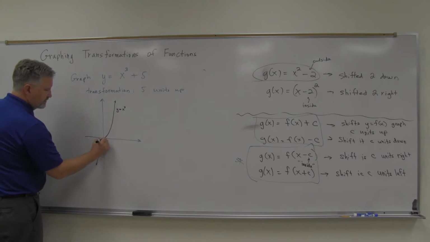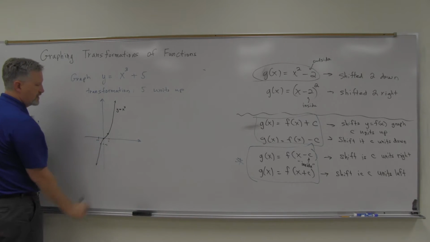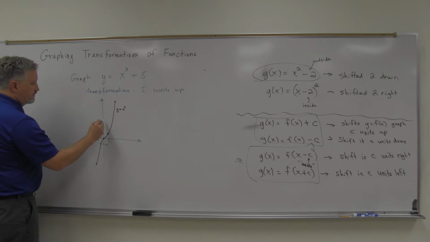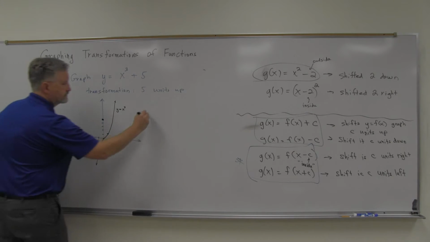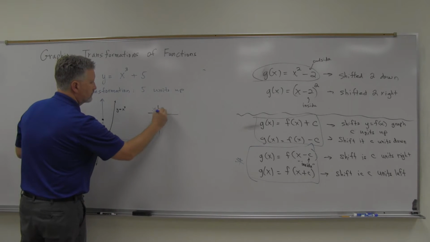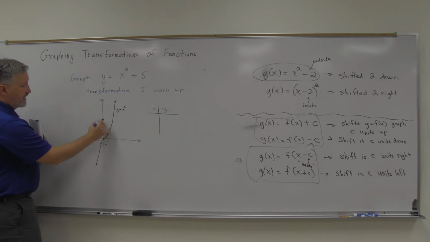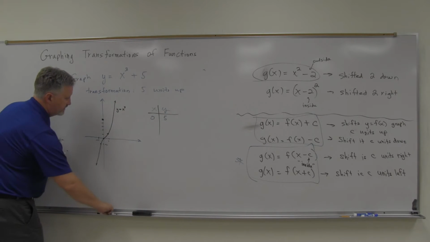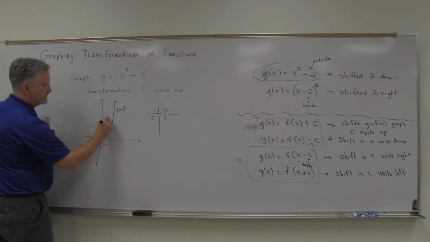You've got 0, 0, you've got 1, 1, and you've got negative 1, negative 1. That's three pretty easy points. If I take those each 5 units up, that's easy. So now I've got the 0 point, and if I go 5 units up, that puts it at 5.